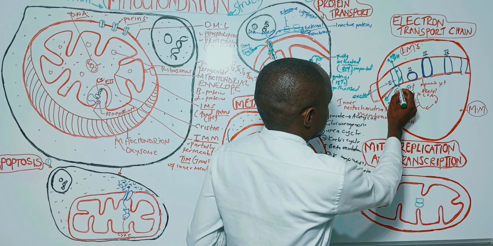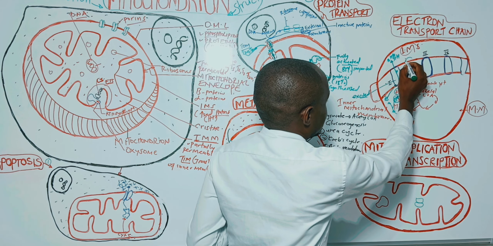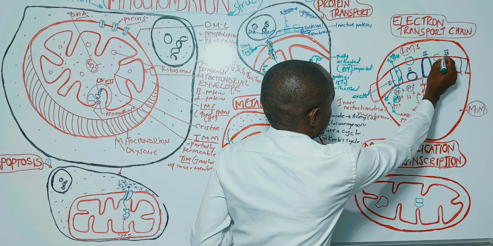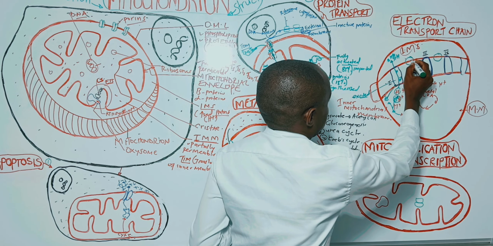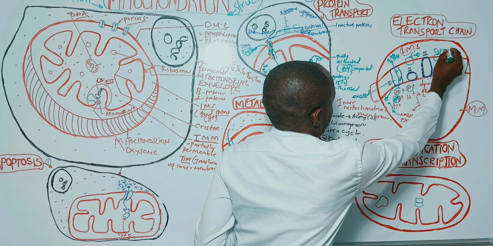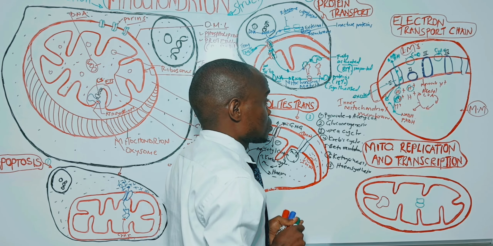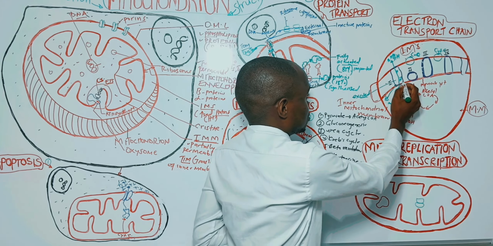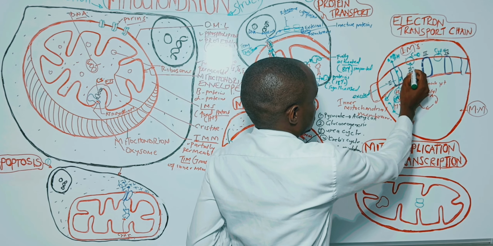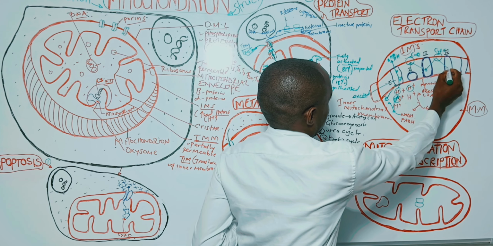Again, we have electron carriers here: the coenzyme Q and cytochrome C. This one is exciting this one here, it's going to become excited, and you shall see energy is going to go to this, and then this one here.